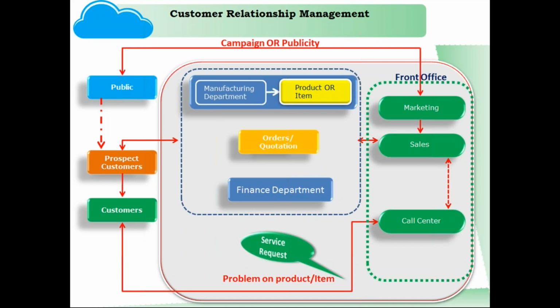Now in the sales application, we have 50 people. The sales department will change the status from prospect customers to customers for those 10 people. Those 10 people automatically pass from sales to the service department.